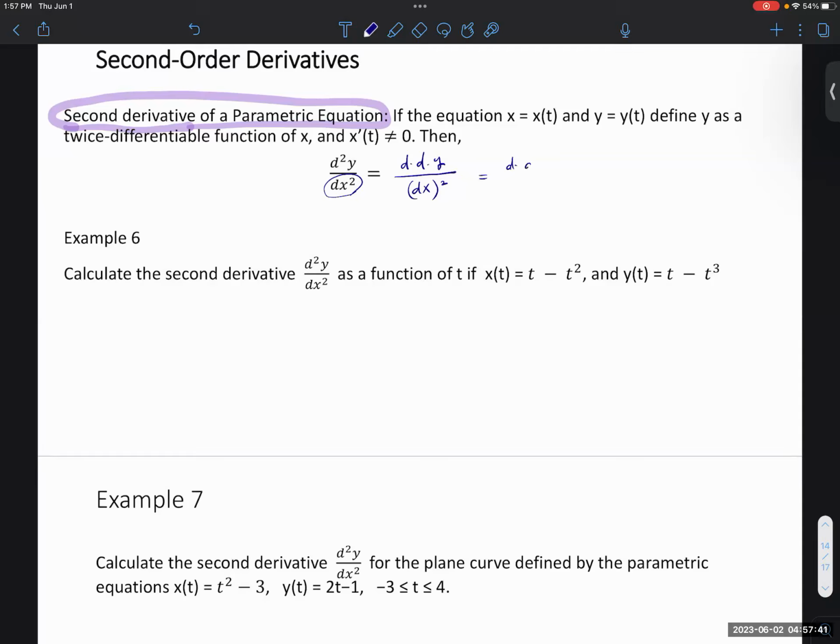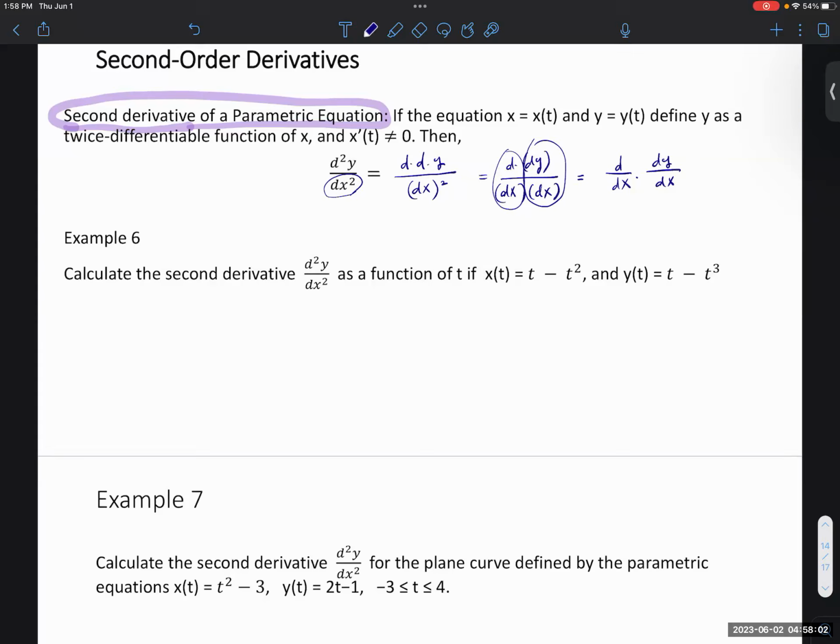d times dy over dx times dx. I can extend it. So therefore, I can rewrite it: d over dx times dy over dx. Okay.